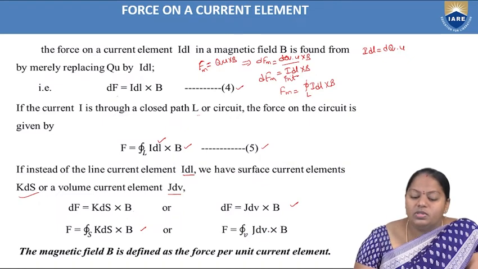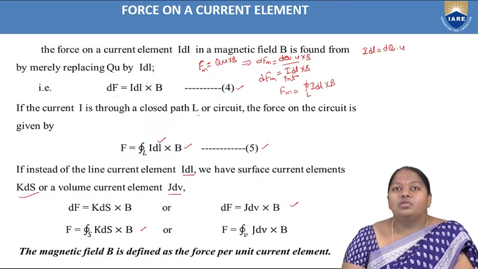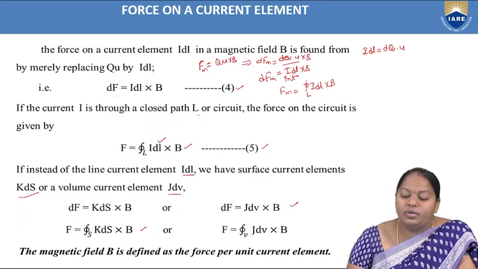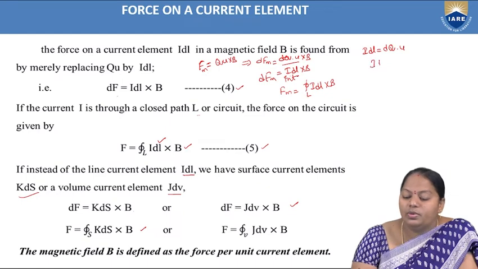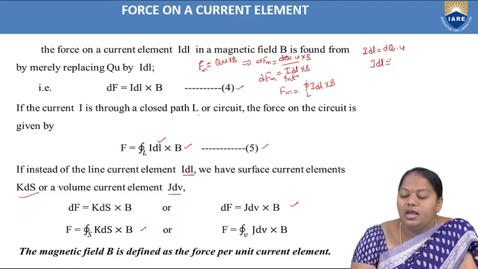Right? So from this relation, for the force experienced on a current element, we need to recall the relation between the three current elements as I dl equal to K dS equal to J dV. Then from this we have the relation I dl is equal to dq into u.